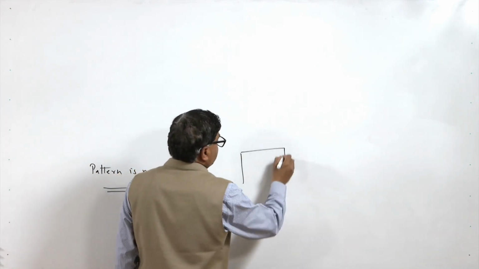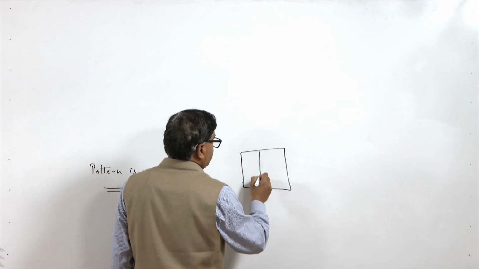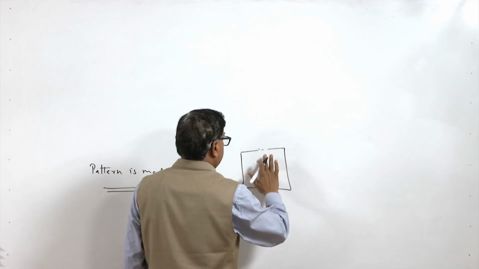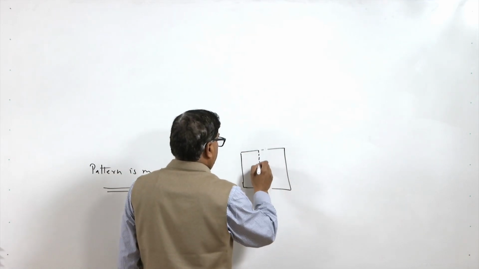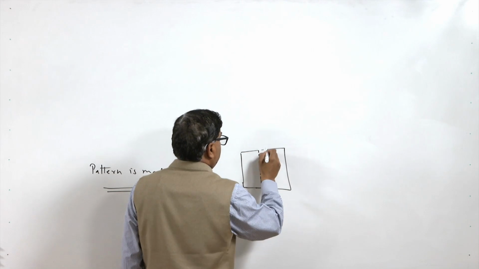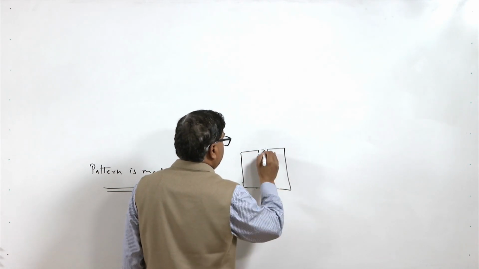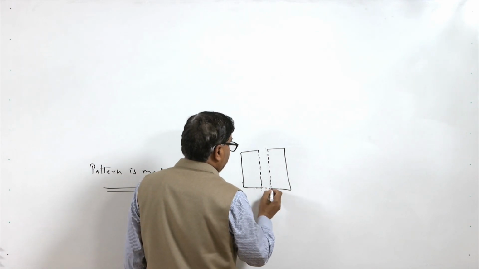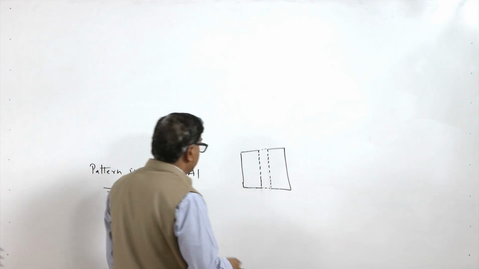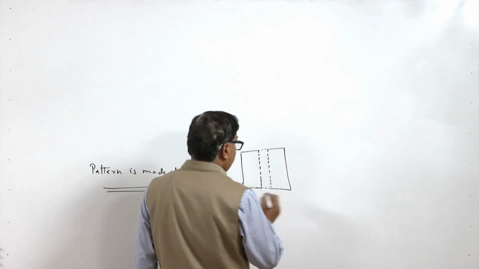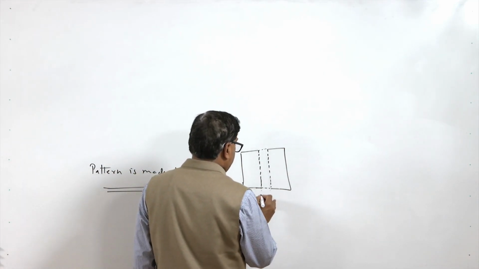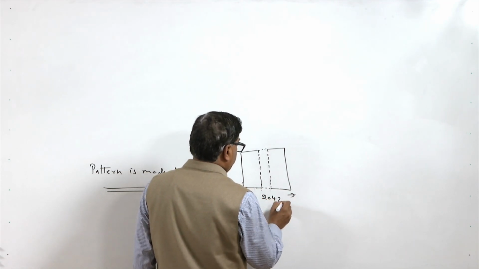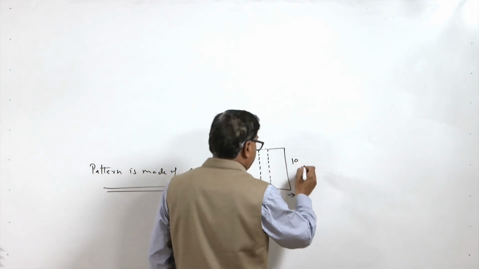For that purpose, say we have made this pattern of wood in the first stage, and if the final pattern is to be made of aluminum, then again another allowance is to be given. So, say the modified dimensions are like this, where this dimension is 204.2 and this dimension is 10.